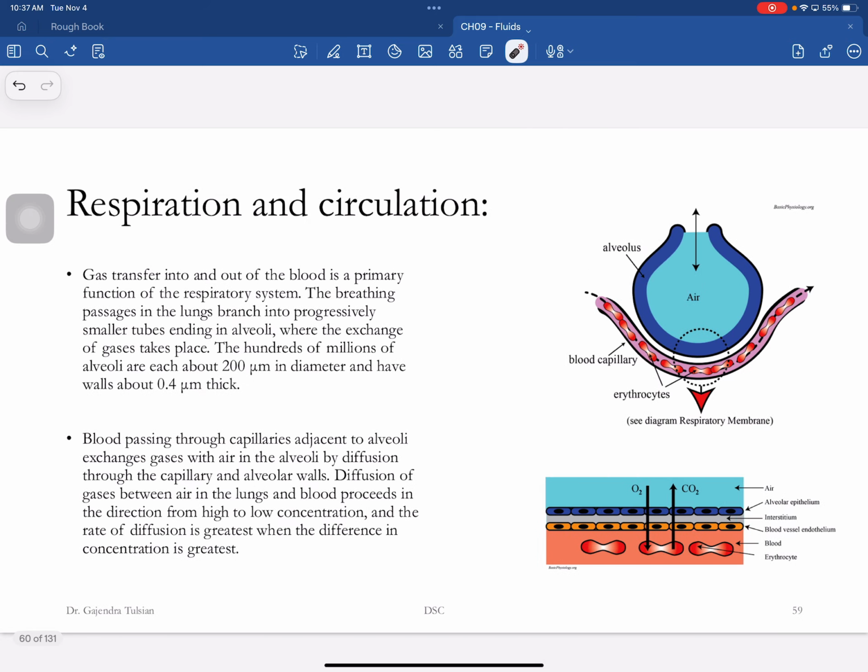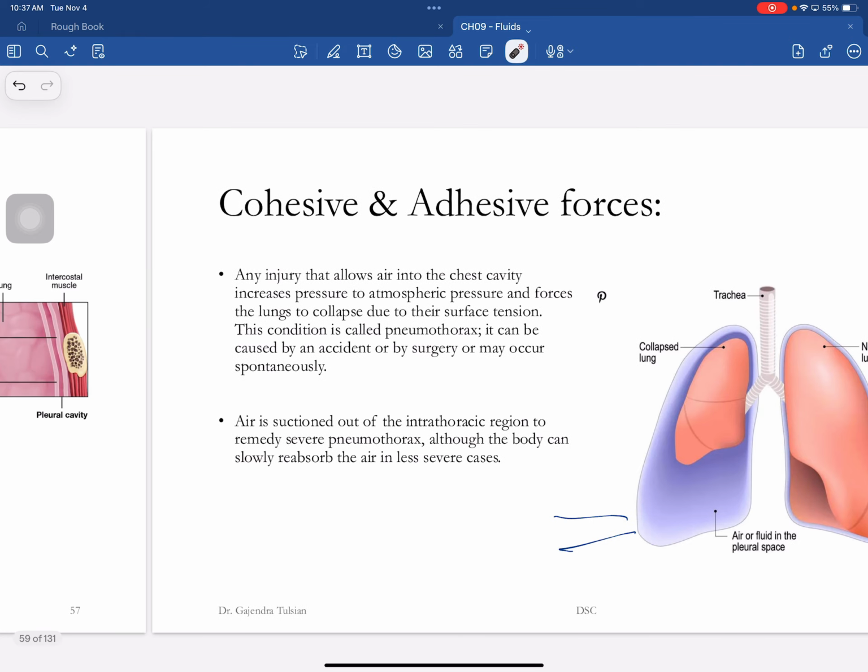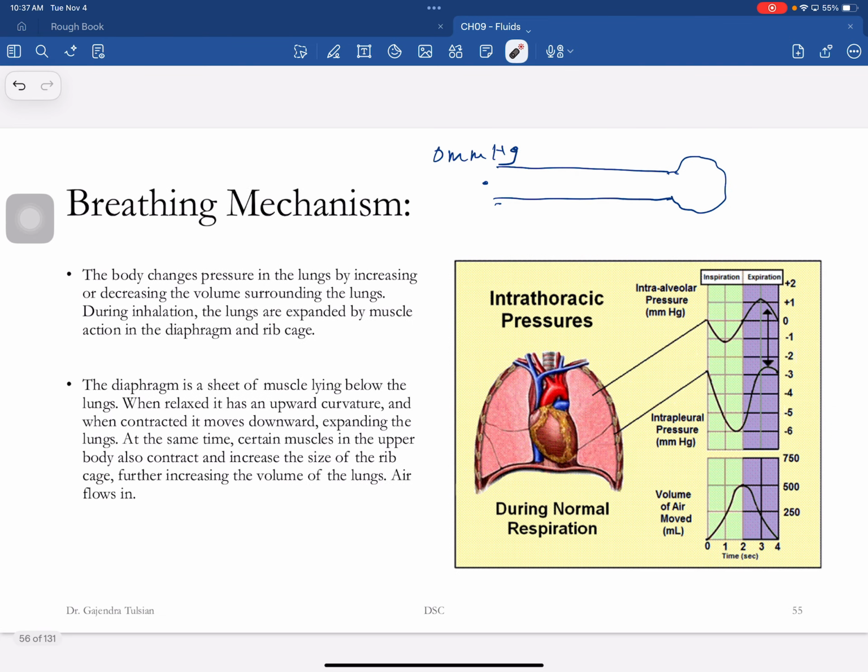Okay, so for breathing, again, surface tension was important. And remember what it is that you're doing. The pressure outside is not changing, which is 0 millimeters of gauge pressure. The surface tension on the alveoli caused about 5 millimeters of excess pressure. And so you had to have negative pressure surrounding here.